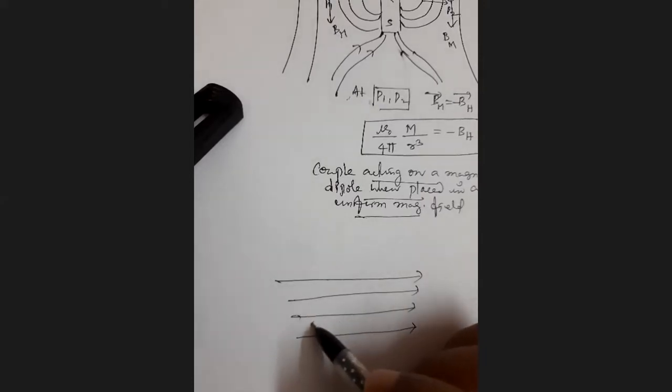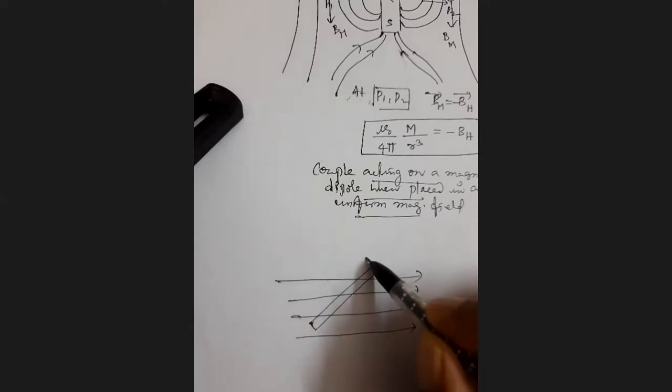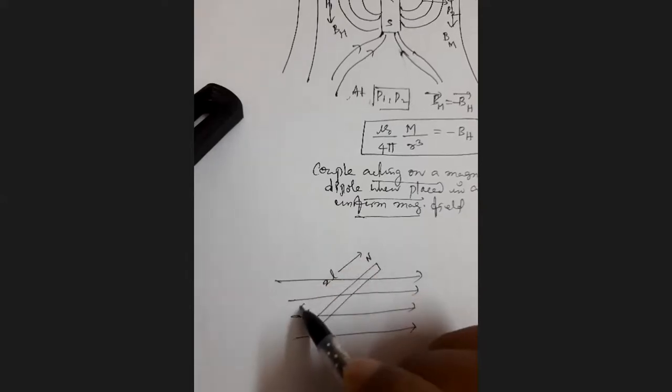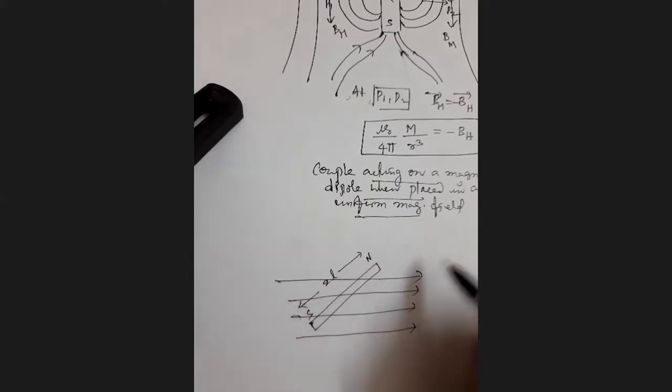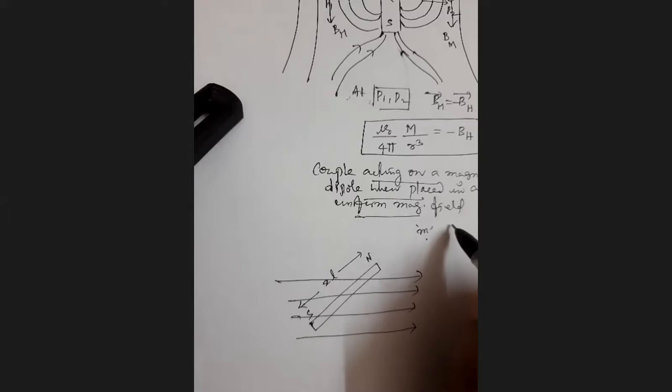In this, a bar magnet, that is nothing but a magnetic dipole, north pole, south pole, the magnetic length is 2l, and the pole strength is small m. Two poles have equal pole strength, equal to small m. We know that for a north pole, the pole strength is taken as positive.